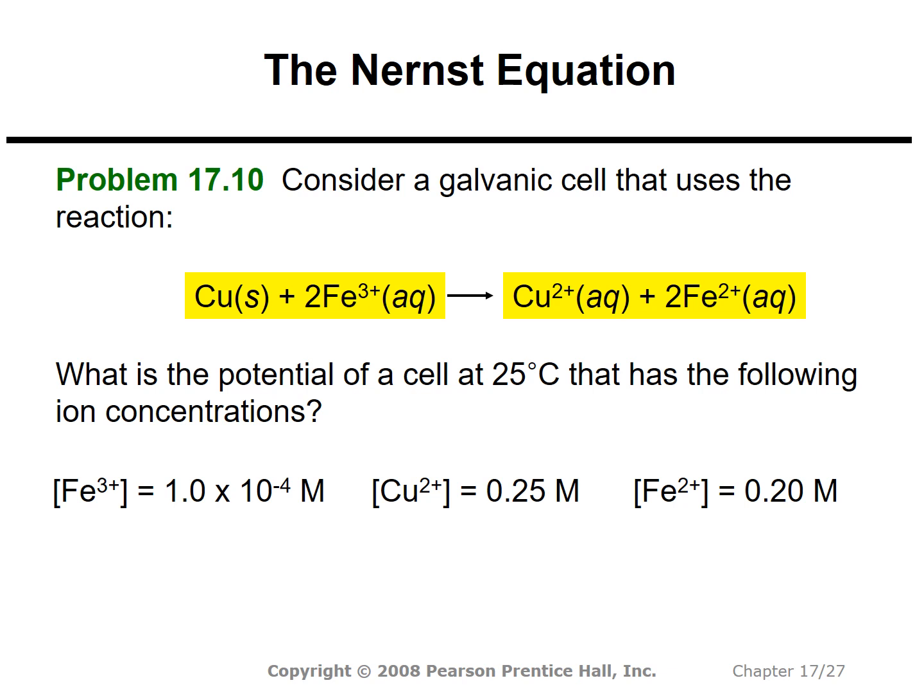The standard reduction potential is defined when the activities or concentrations are equal to 1. However, we have concentrations which are very different from 1 molar. So we should think about the effect of concentration in log scale.